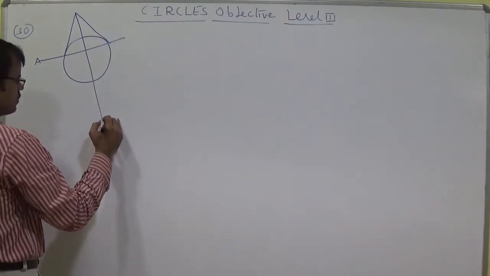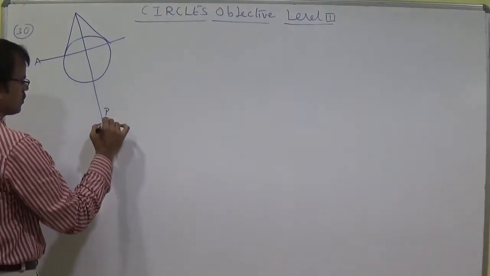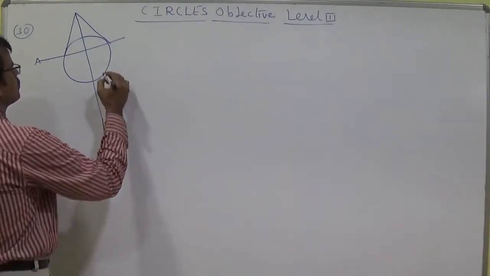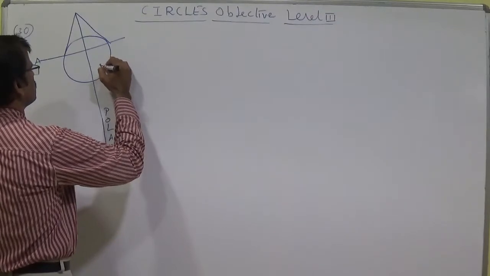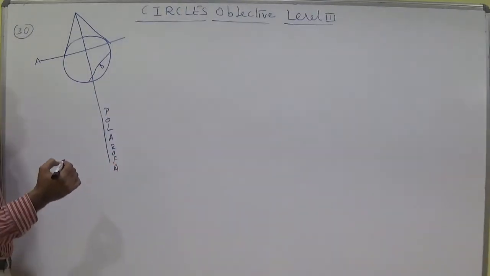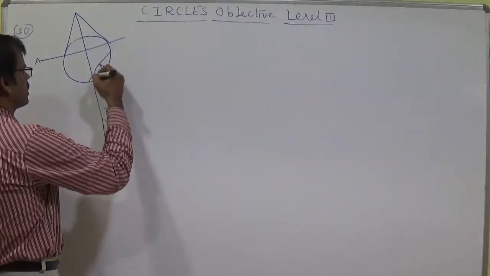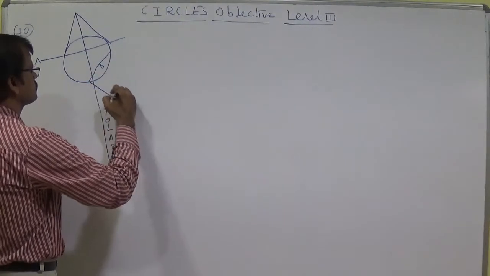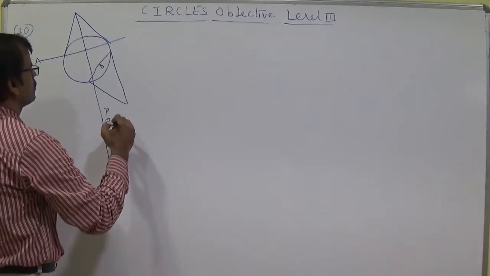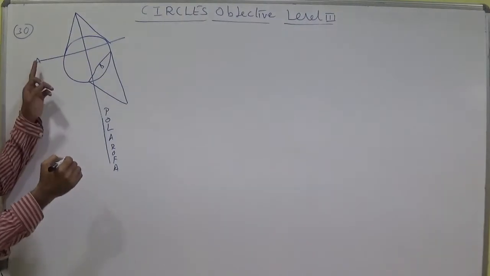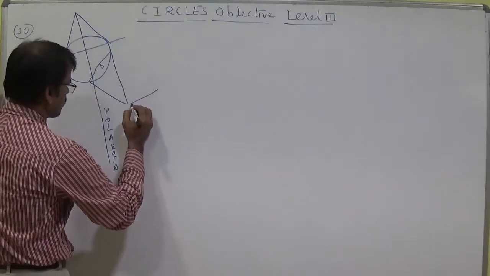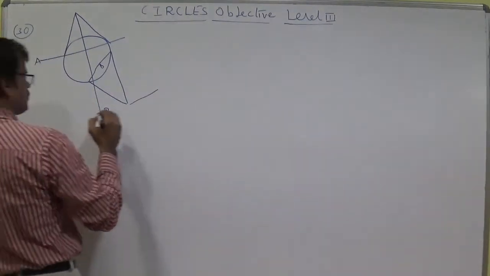This is the polar of A. Put here a point B. Whenever a point is taken in the plane of the circle, we should draw the chord or secant passing through the point. Extremities of chord, points of intersection, locus. Whenever the point A is outside, then the polar of A is inside. Whenever the point is inside, the polar is outside.